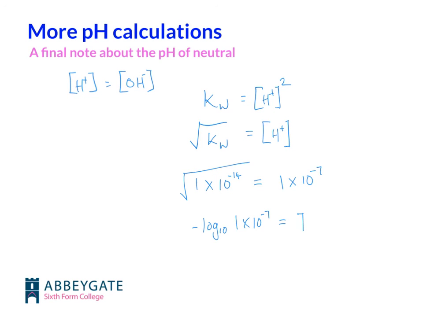So that tells me that the pH at 298 K is 7, but we've already discussed that Kw varies with temperature. So 7, which you all learnt long ago as the pH of neutral water, is only true at one temperature. The pH changes according to what the temperature is.